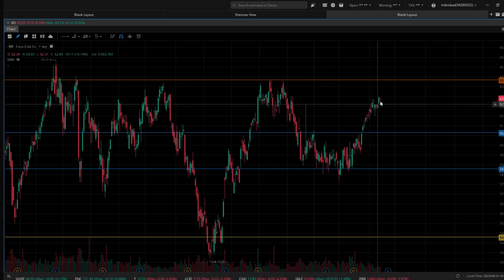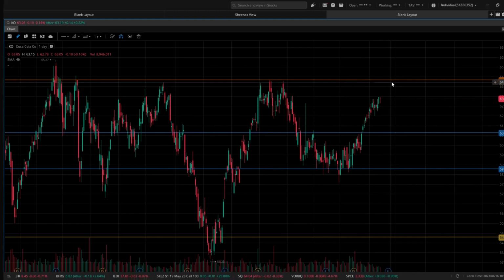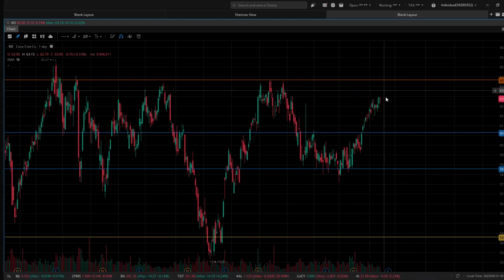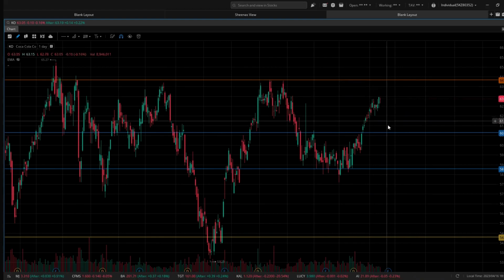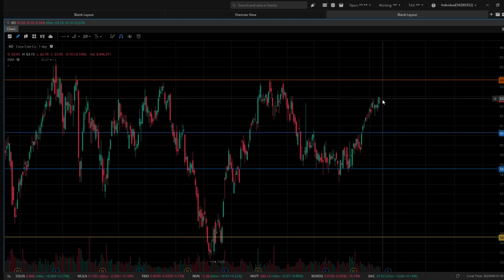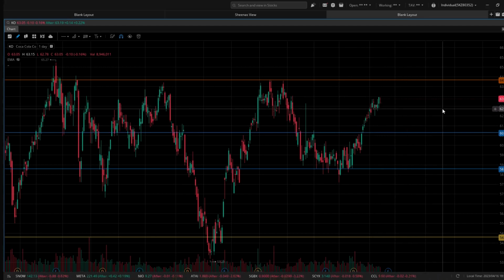I will be looking for this to either do one of three things: continue upwards here, test this resistance on the monthly, possibly come back down, or not even try to test this again, but come back down here first and test the support on the daily, bounce off the daily, maybe come back up, or it could trade sideways. So the stock's going to go up, it's going to go down, or it's going to go sideways. Those are the three directions that a stock will move.